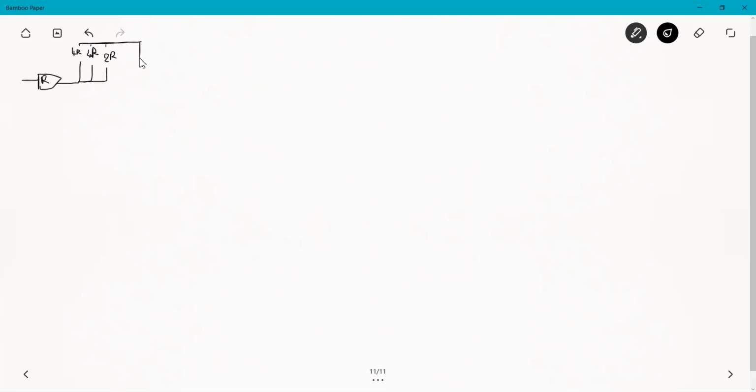Then you have this R here, so it's R. Then R here, and then 2R here. And then a point here, like this. Sorry for the quality of this drawing, but again, doing my best.